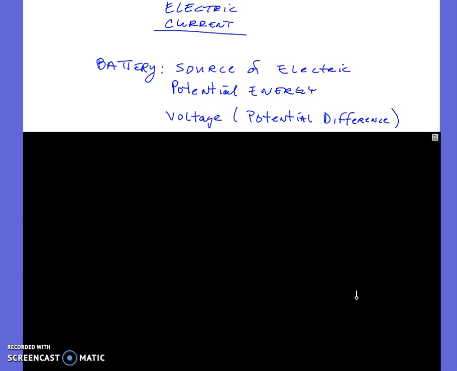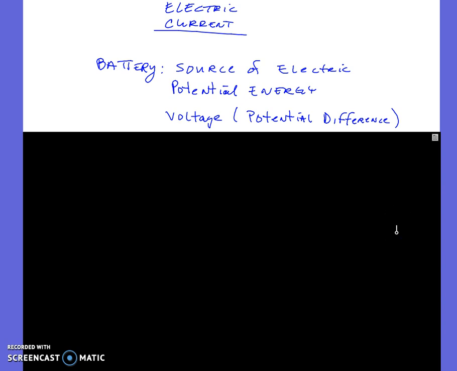First of all, in order to have an electric current, you have to have some source of electric potential energy. And the only source we're going to look at is a battery. Now, you guys know that batteries are rated by voltage. For example, the batteries in your calculator have a voltage of 1.5 volts, and there are 4 of them, and because of the way they're connected to each other, the voltages add, so your calculator actually runs on a 6-volt battery.